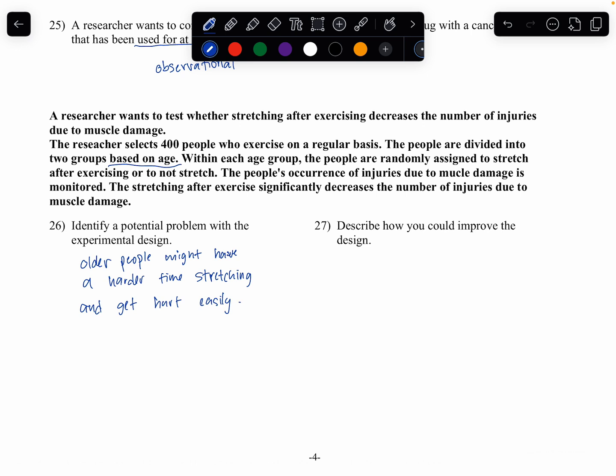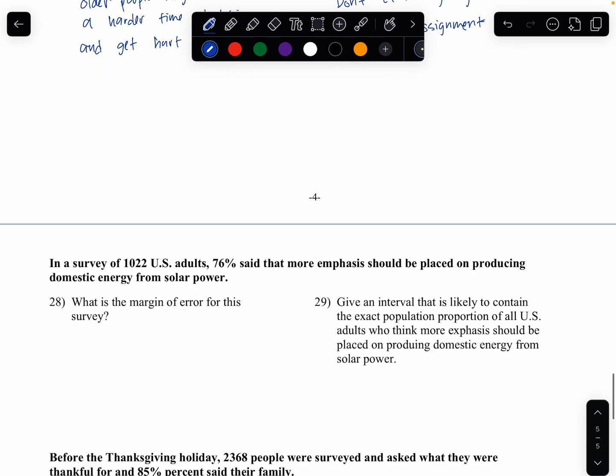Describe how you could improve the design. Don't divide by age. Maybe you can just make a random assignment. Maybe. If you have anything else that you'd like to add, make sure you do so.